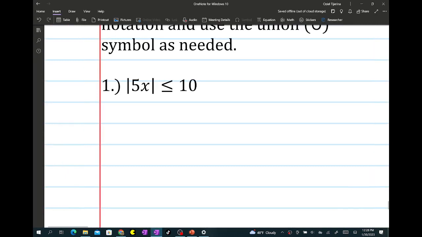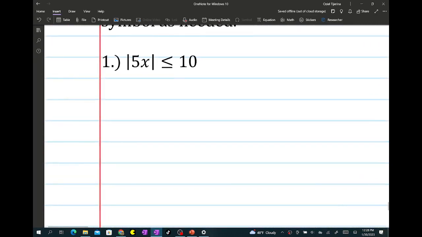So this first one says the absolute value of 5x is less than or equal to 10.